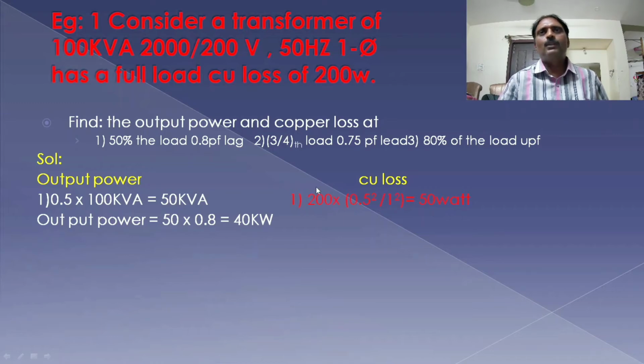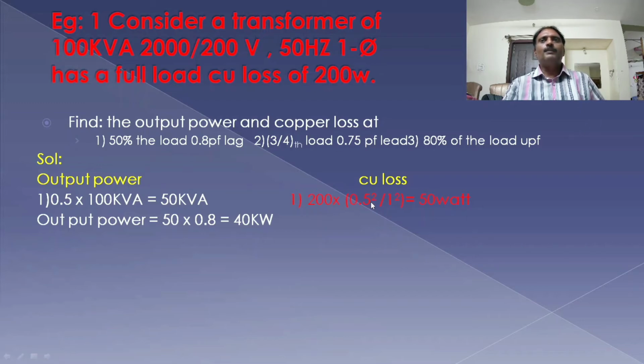So here, 200 watts, and in the denominator we have to consider the load at which the copper loss is given to us, that is full load. That is the reason why we considered 1 here. In the numerator we have to consider the load at which we have to find out the copper loss.